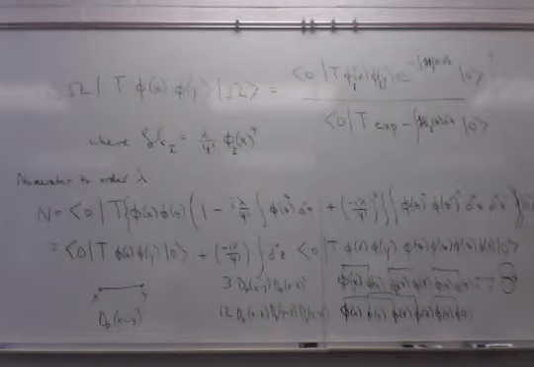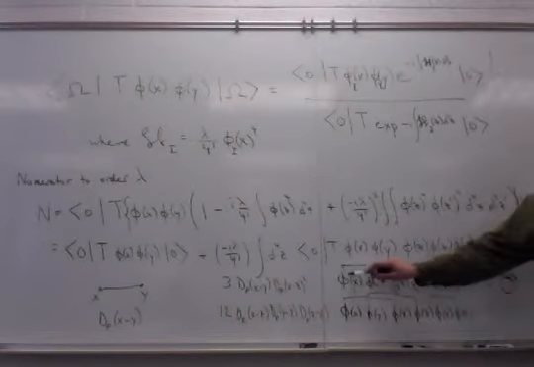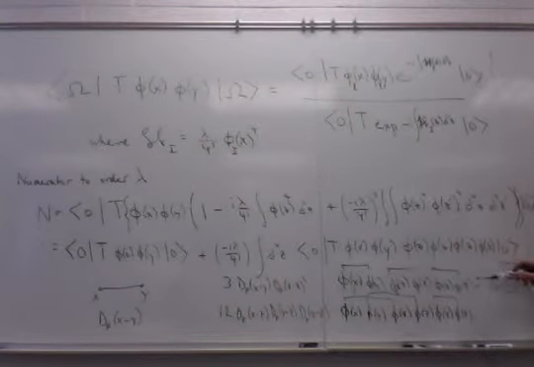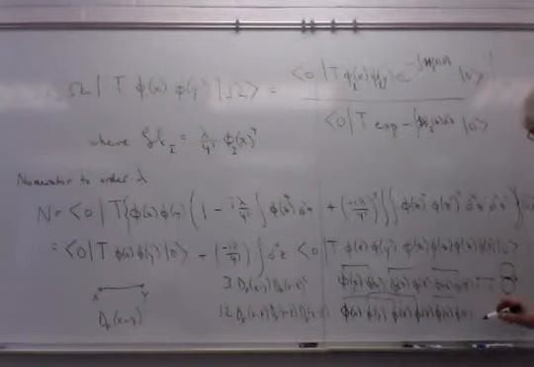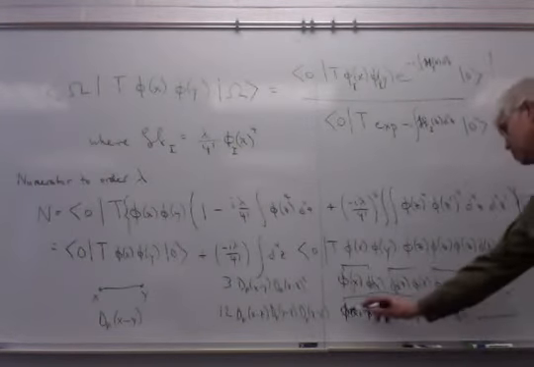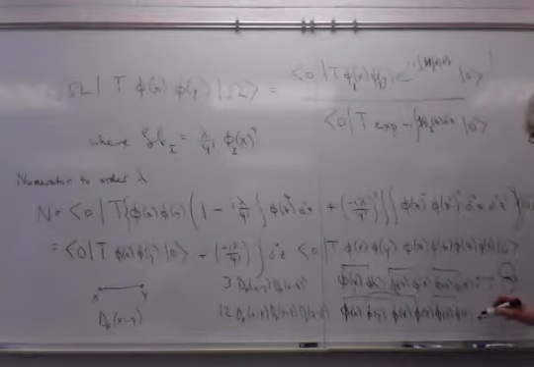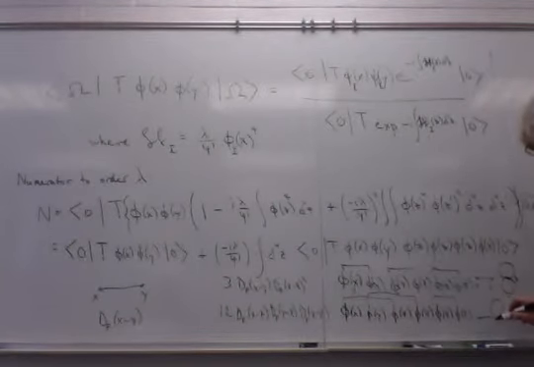Okay? So this part of the diagram represents the Feynman propagator between y and x, and this figure 8 diagram represents 2 contractions of phi of z with itself. Down here, the diagram that represents this term looks like that.